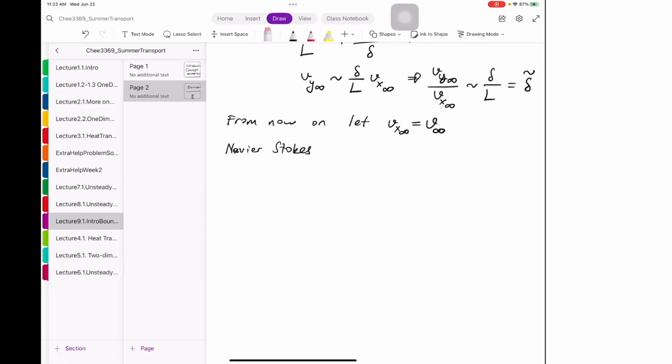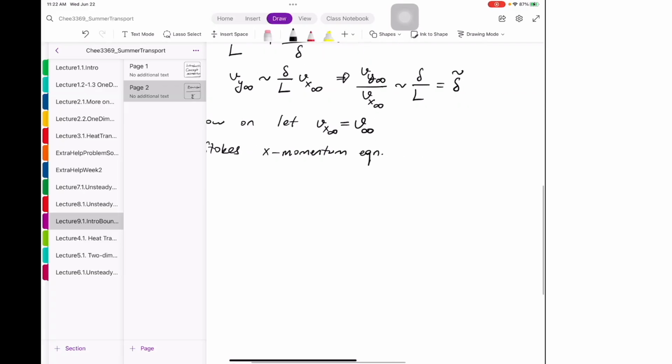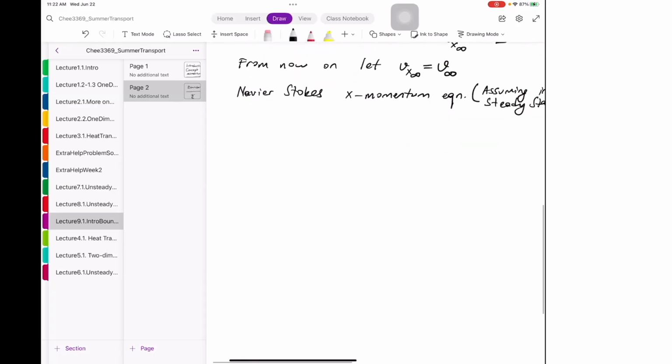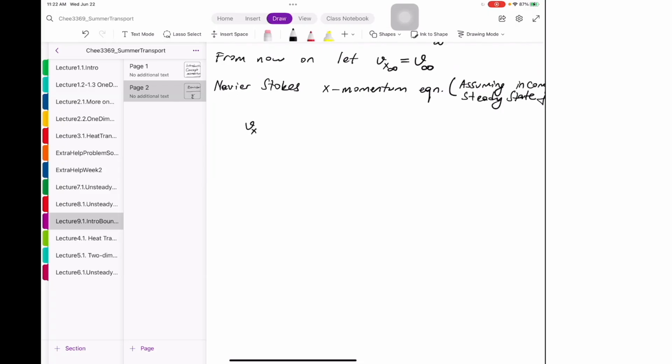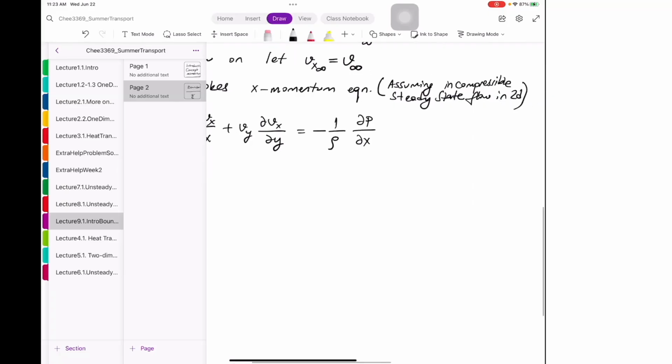And the x momentum gives you, and also no need to mention that, assuming incompressible steady state flow in 2D, okay, I have the following equation: Vx del Vx over del x plus Vy del Vx over del y is equal to negative 1 over rho del p over del x.